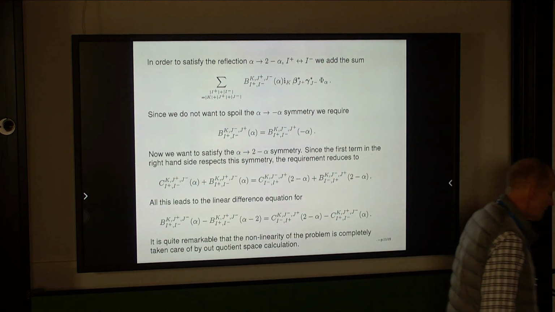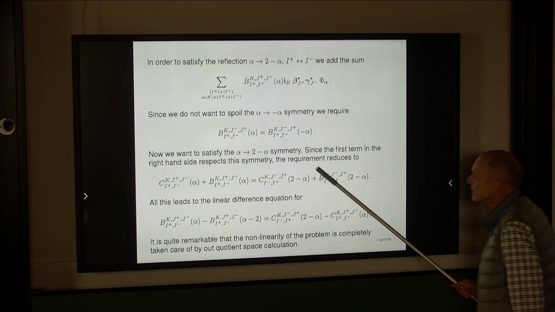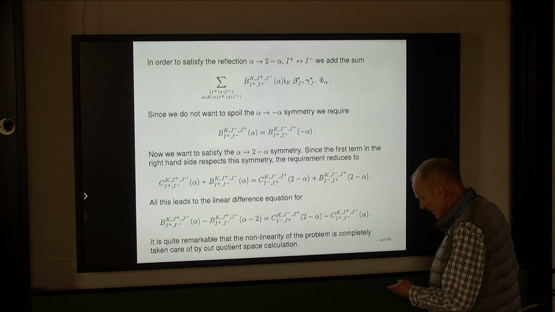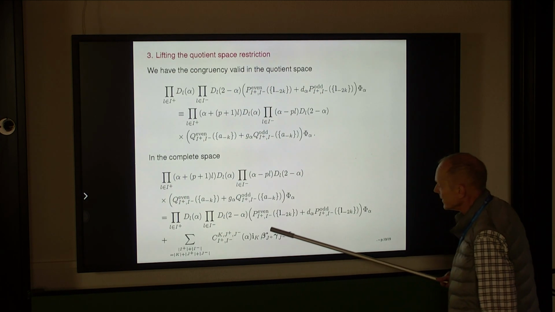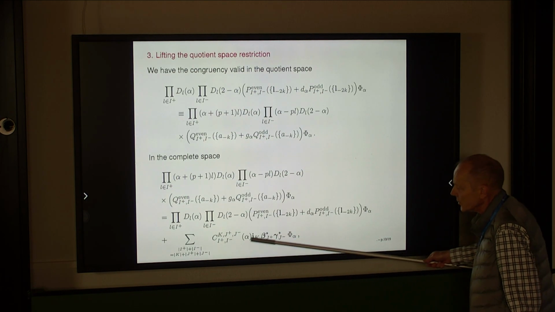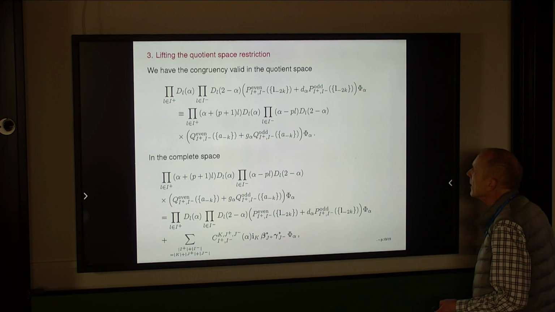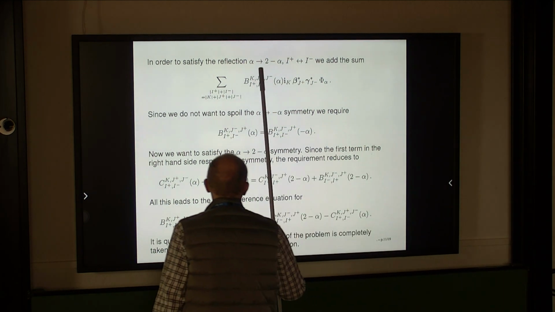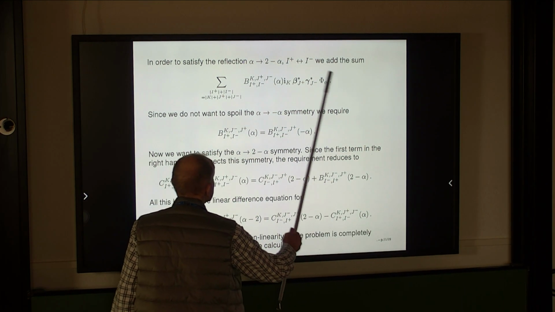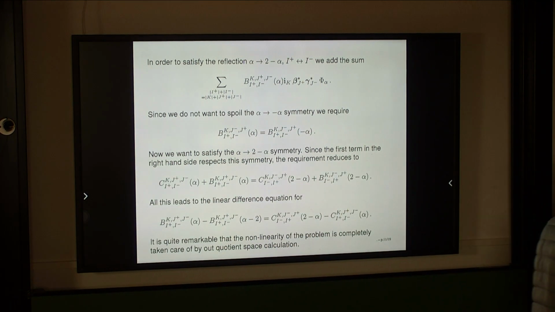And then when I require... let me see. This coefficient c is something which I calculated. They are ugly, but they can be calculated. And now I add a term like that in order to satisfy both reflections.